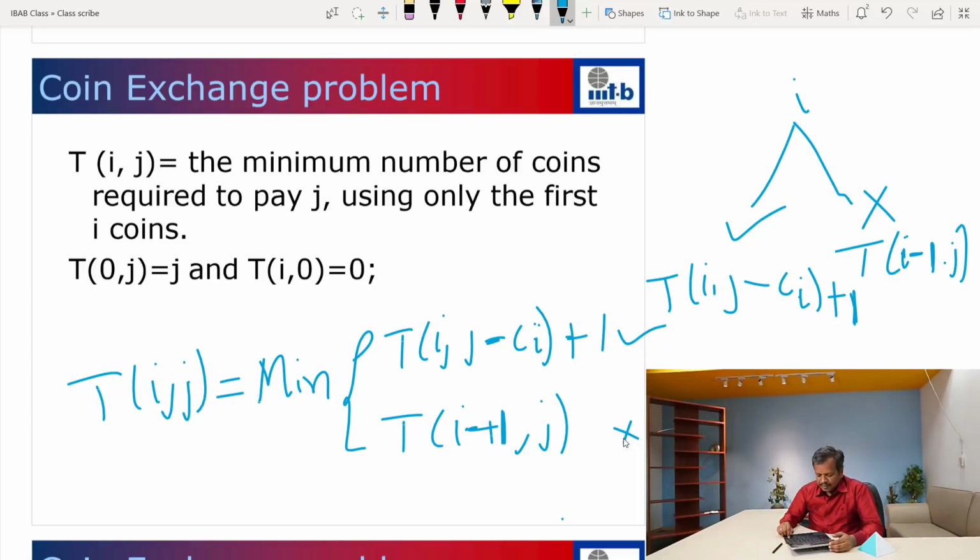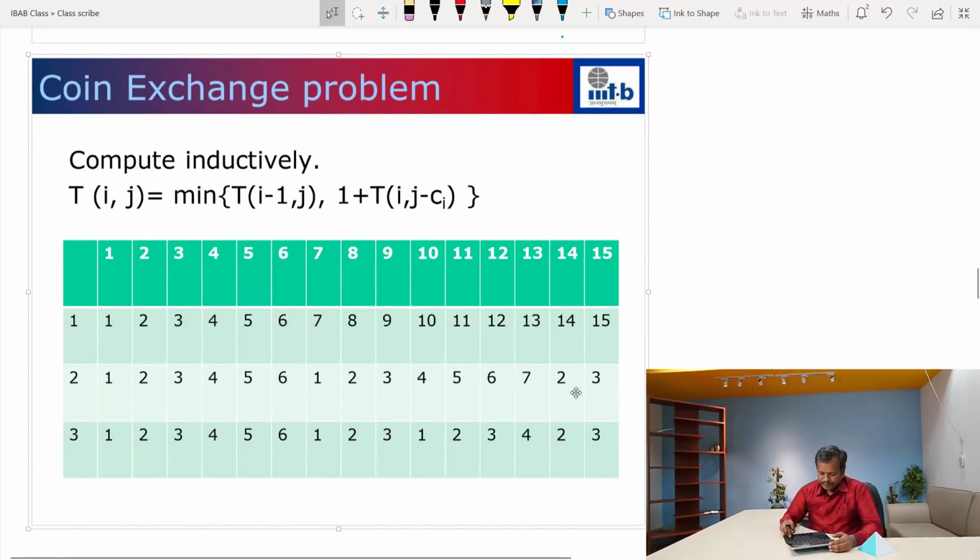Let us look at an example for the problem that we started with. In this case, as said earlier, T of i comma j is the minimum of T of i minus 1 comma j and 1 plus T of i comma j minus c of i.